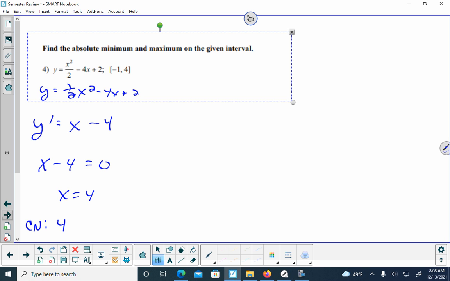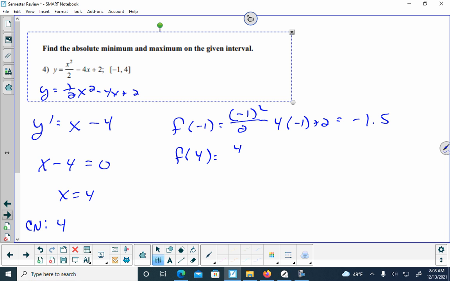Well, 4 happens to be one of my endpoints, so I am going to find f of -1. So to do that, I'm putting -1 back into the original equation. And when I do that, I get -1.5. And when I put in 4, it's going to be 4 squared over 2 minus 4 times 4 plus 2.